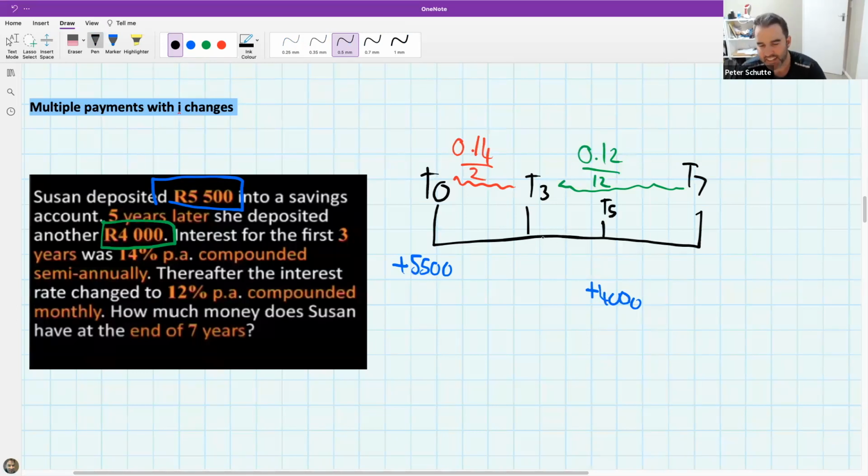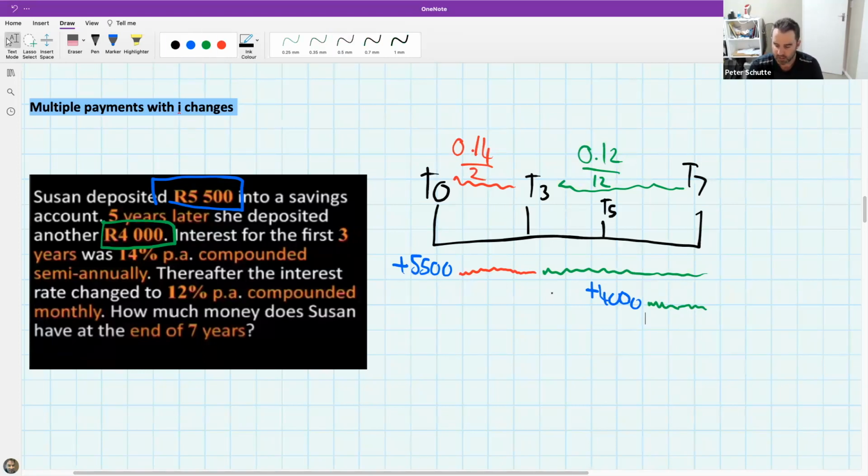Now, what's very clever about handling this is you are going to keep these two amounts separate. So the 5,500 has to grow until here using the red way, and then it has to grow for more time using the green way. The 4,000 only has to grow using the green interest rate.